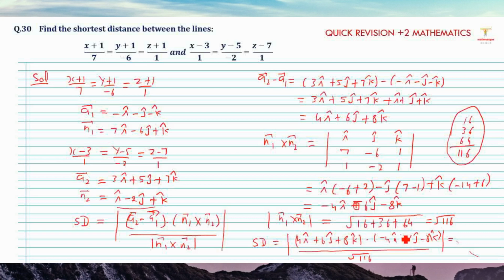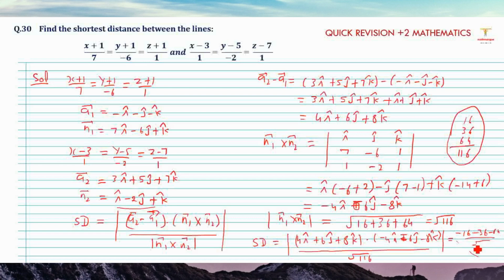Okay. So here if you simplify it, children, you get minus 16, then minus 36, then minus 64. And here 116.